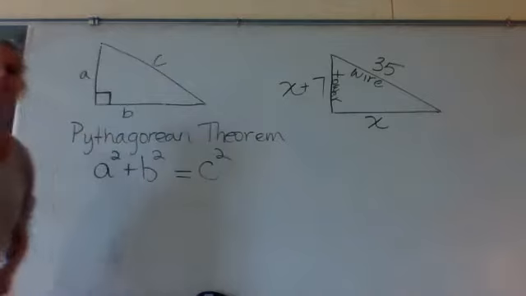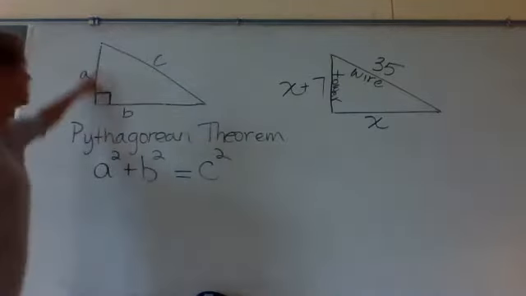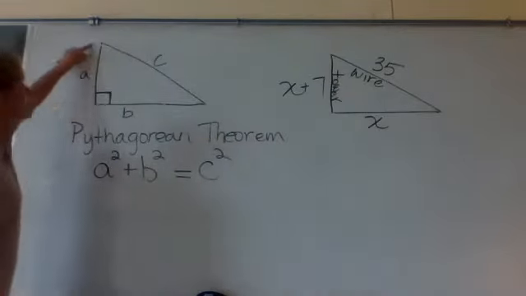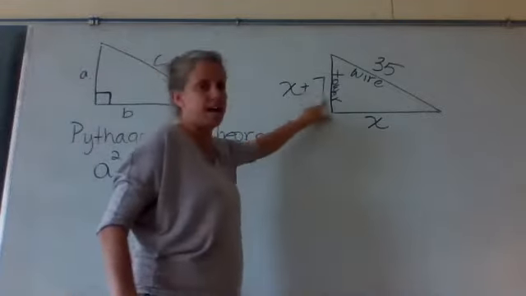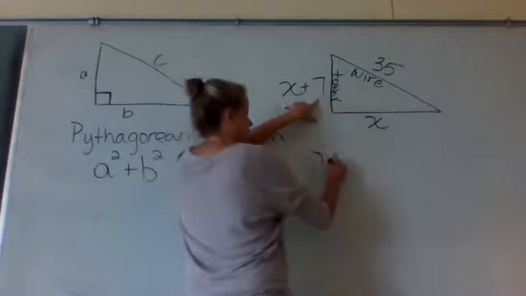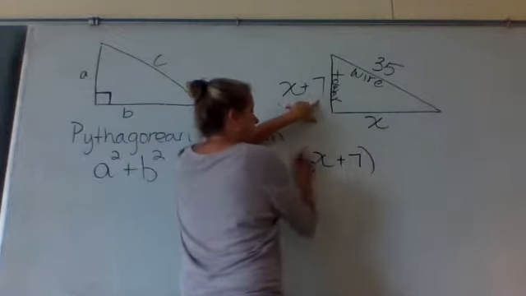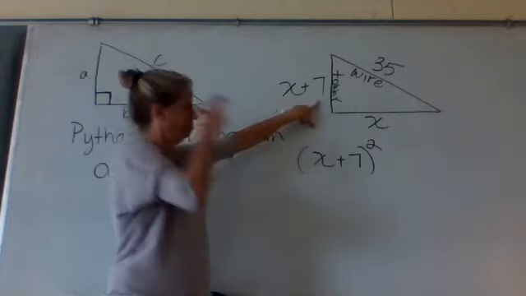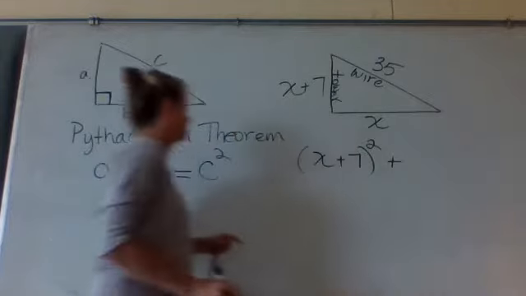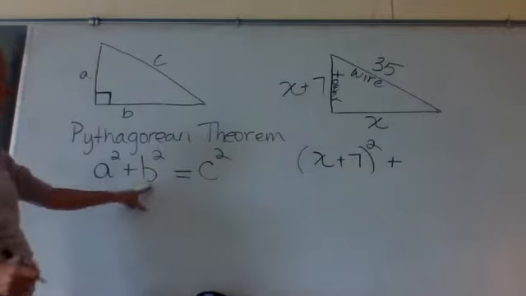So now that we know what the Pythagorean theorem says is the length of this side, what is this side here? This side is x plus 7. So the length of that side squared, plus, what's the second part of the Pythagorean theorem?